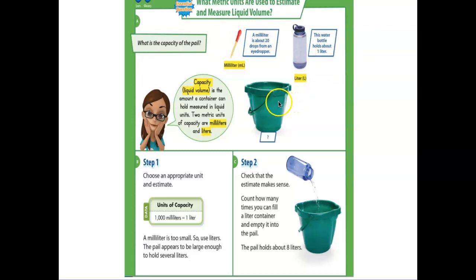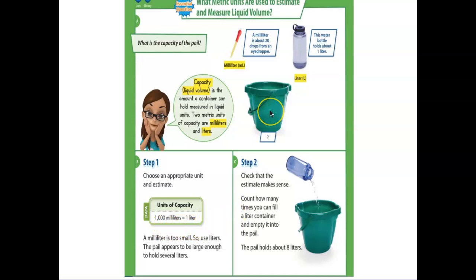It would be much easier to use liters because if you were to use milliliters, you would have to put an awful lot of drops in there to fill it to capacity, right? So when we're looking at the difference between milliliters and liters, 1,000 milliliters is equal to 1 liter.